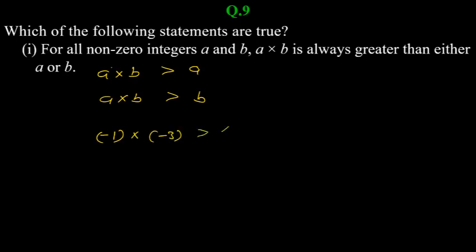It will be greater than 4. But suppose I have -3 into 1. -3 into 1 will be -3. And -3 is not greater than -3, and -3 is not greater than 1.